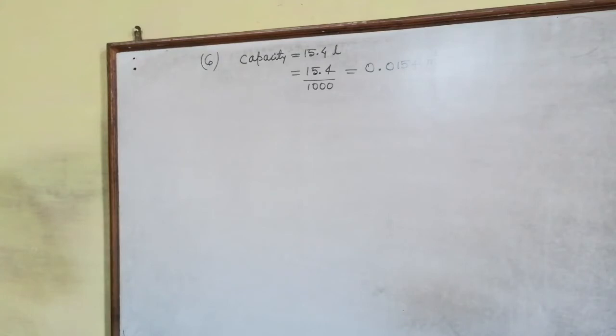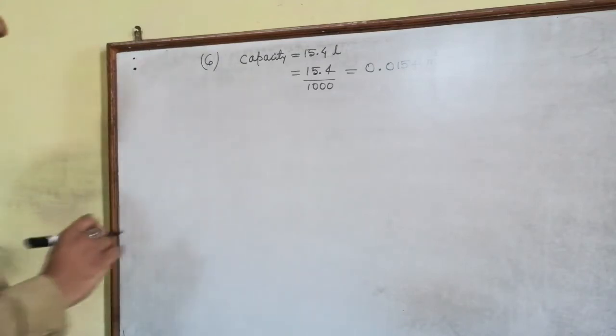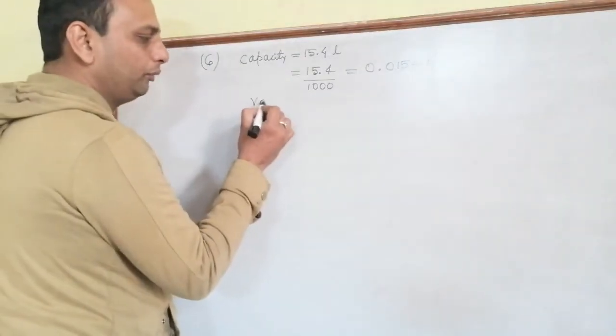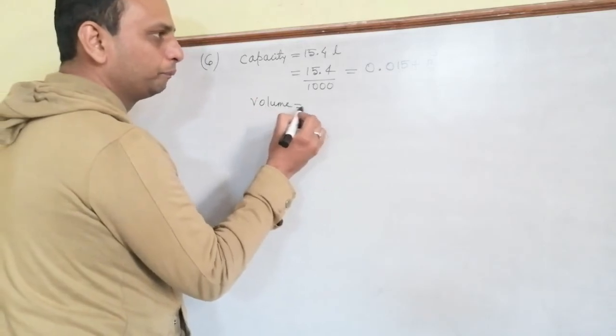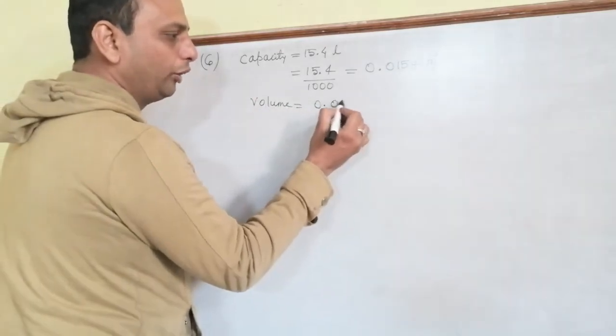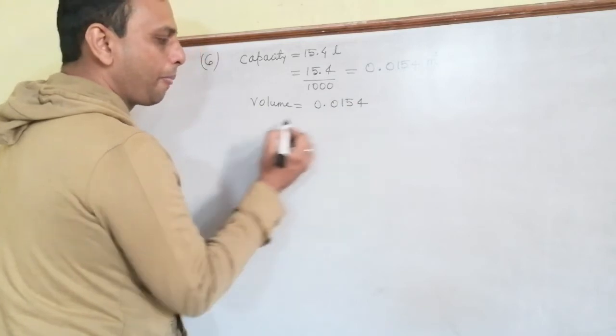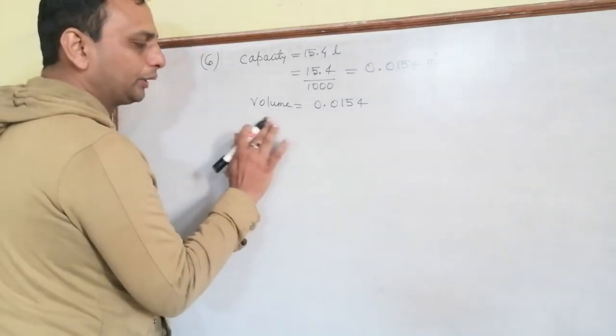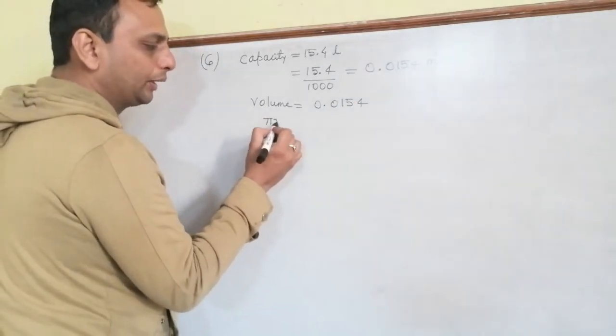Now the height is given. With the help of the height we will find the radius. So the volume we got is 0.0054, and the volume of the cylinder is pi r square h.